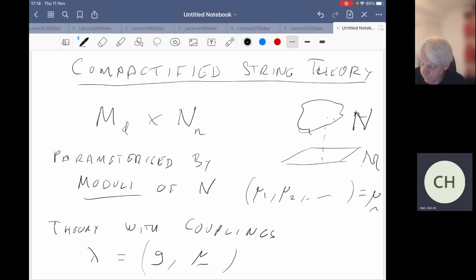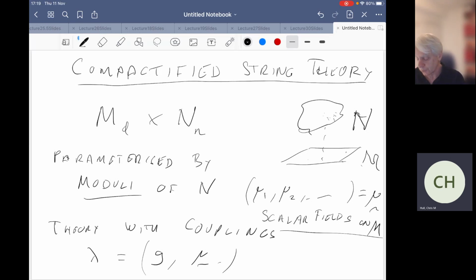And because the geometry of n can vary as we move over M, in fact, the moduli will really be fields on M. And so each of these give rise to scalar fields on M. And as a result, we can think of all of these moduli as being expectation values of scalar fields.